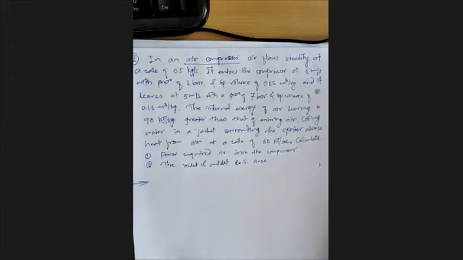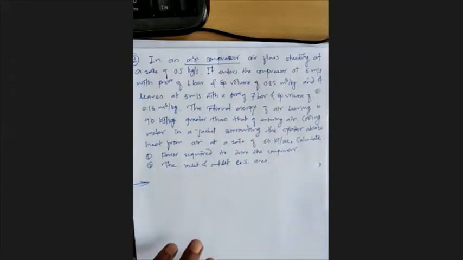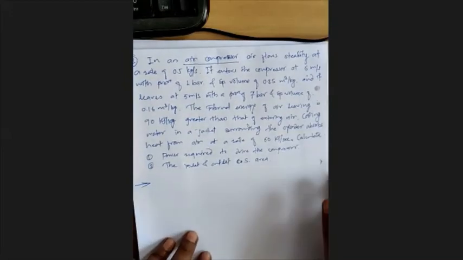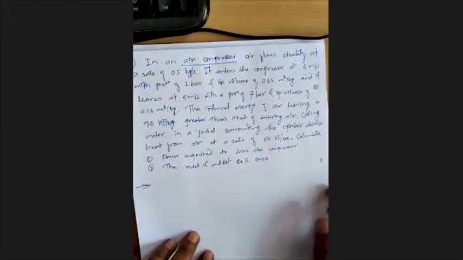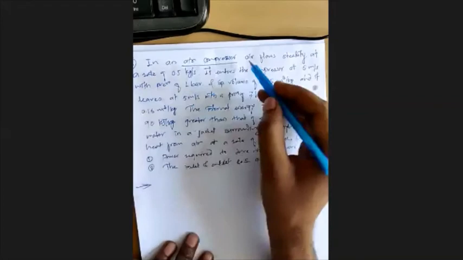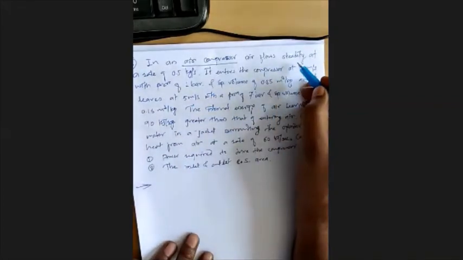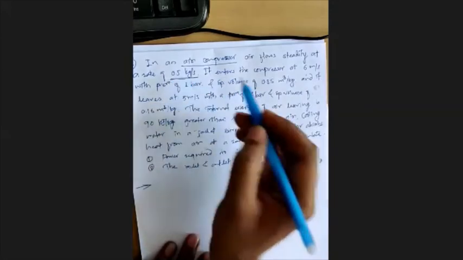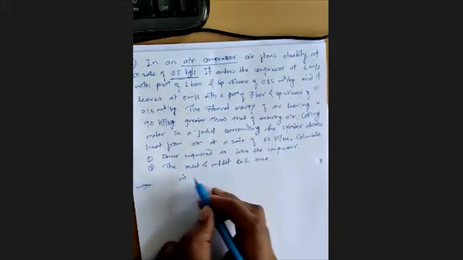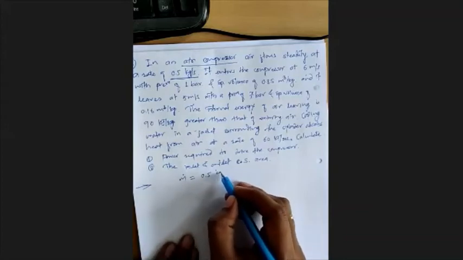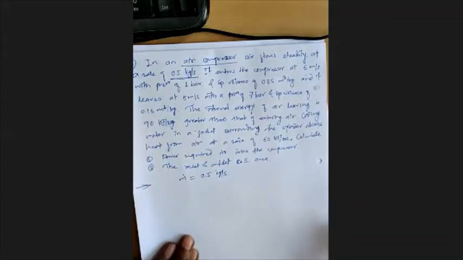To get the answer of that query, just start reading further. Once you start reading further, you will get whether it is reciprocating compressor or centrifugal compressor. In an air compressor, air flows steadily at a rate of 0.5 kg per second. So the first thing given is mass flow rate m dot is equal to 0.5 kg per second.